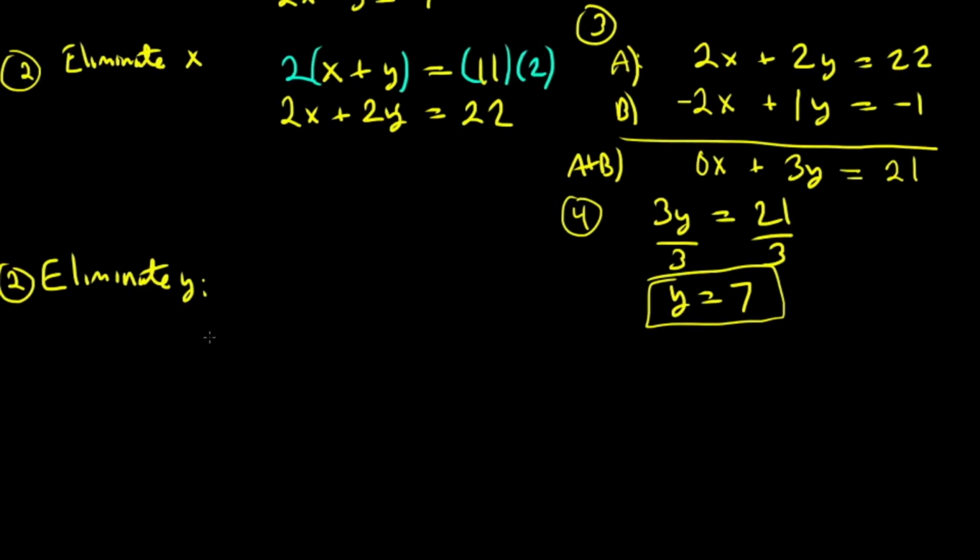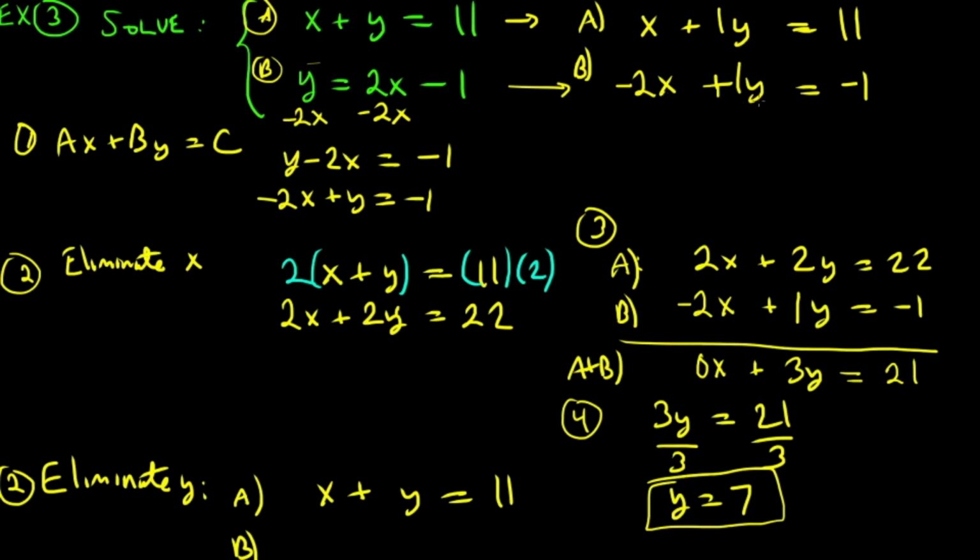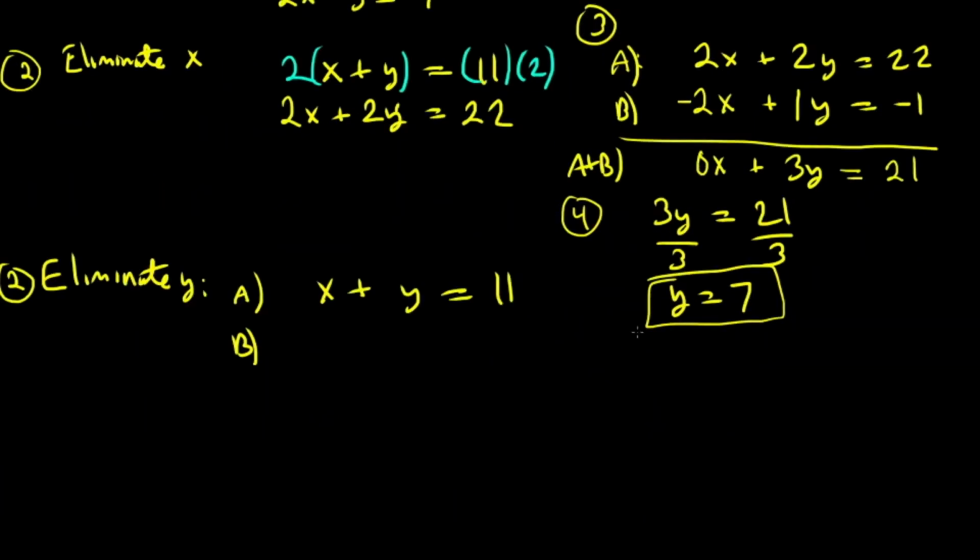Okay, so here's equation A again. Oops. Yeah, so equation A is just x plus y equals 11. And equation B was, let's see, yeah, negative 2x plus y equals negative 1. Sorry about that.